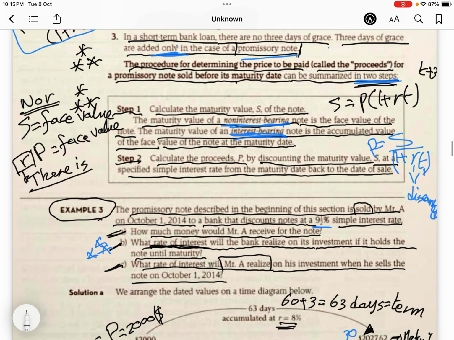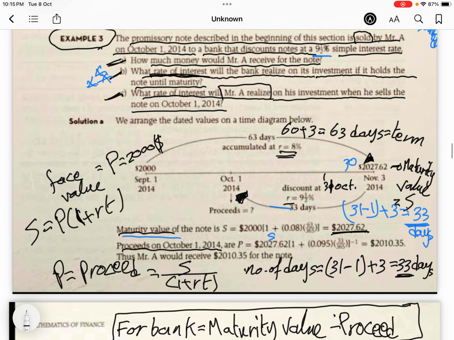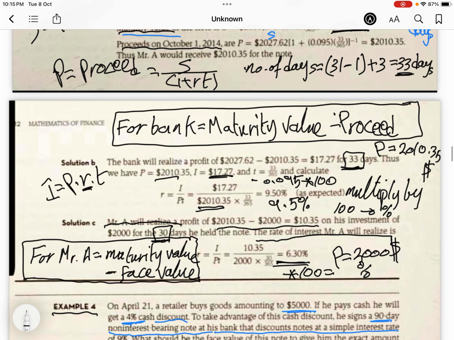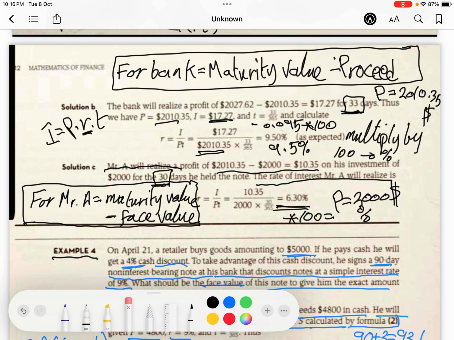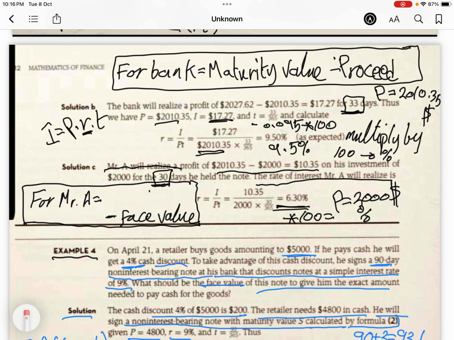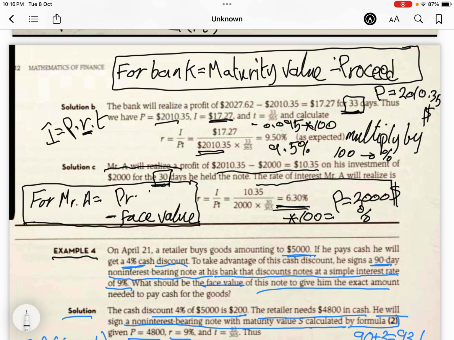Second question: calculate what rate of interest Mr. A will realize on his investment when he sells the note on October 1st, 2014. Mr. A will realize a profit of the proceeds minus the face value.